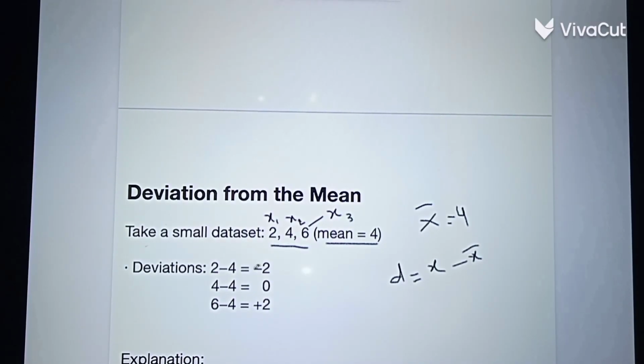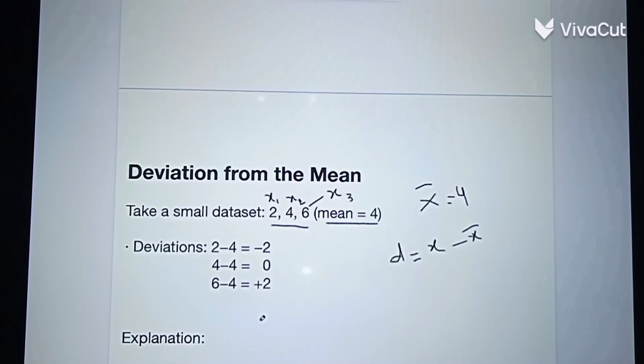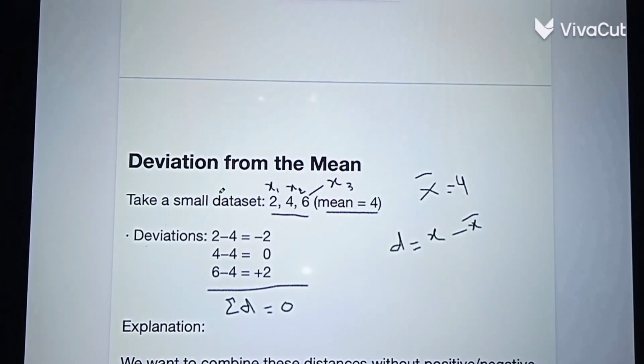This is x1 minus mean, which gives us minus 2. 4 minus 4, that is x2 minus 4, is equal to 0, and then 6 minus 4 is equal to plus 2. When you take the sum of these deviations, you will get 0, because negative and positive values will cancel out.